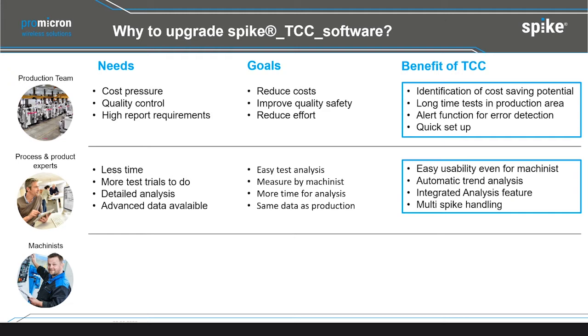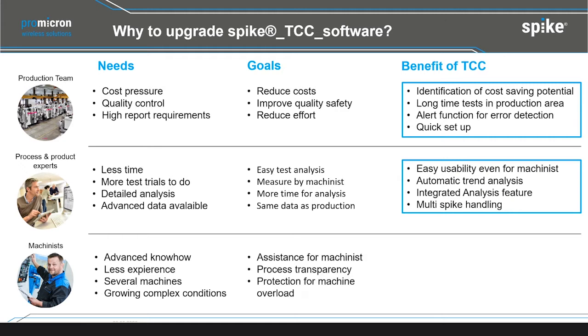Now, the machinists. The needs of the machinists are that advanced know-how is needed. Less experience is available. Several machines need to be handled, and the conditions in production are growing and getting more complex. That's why they follow the following goals. They need an assistant system for the machinists.